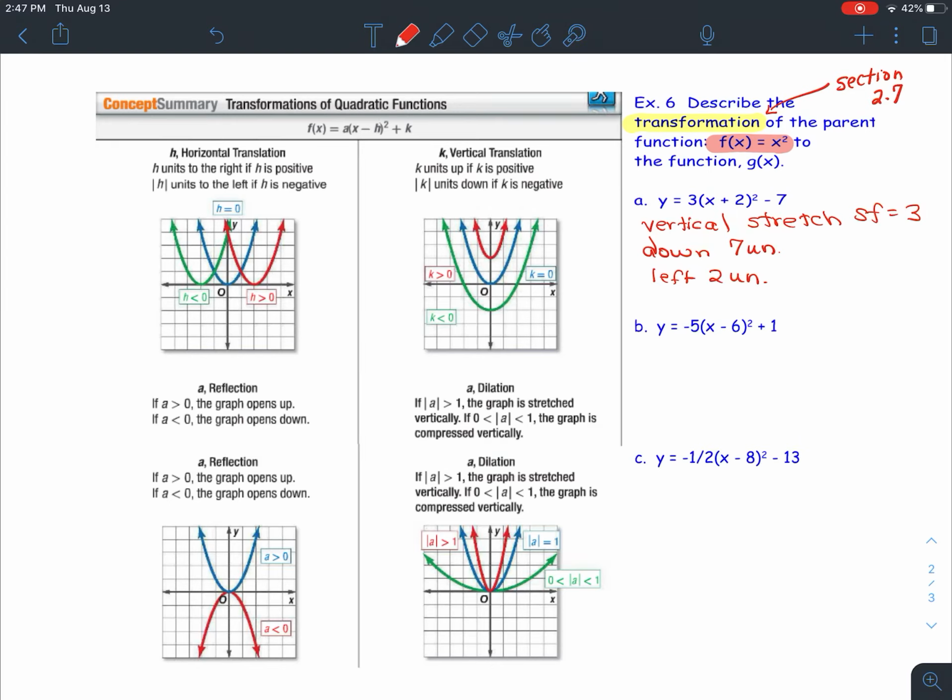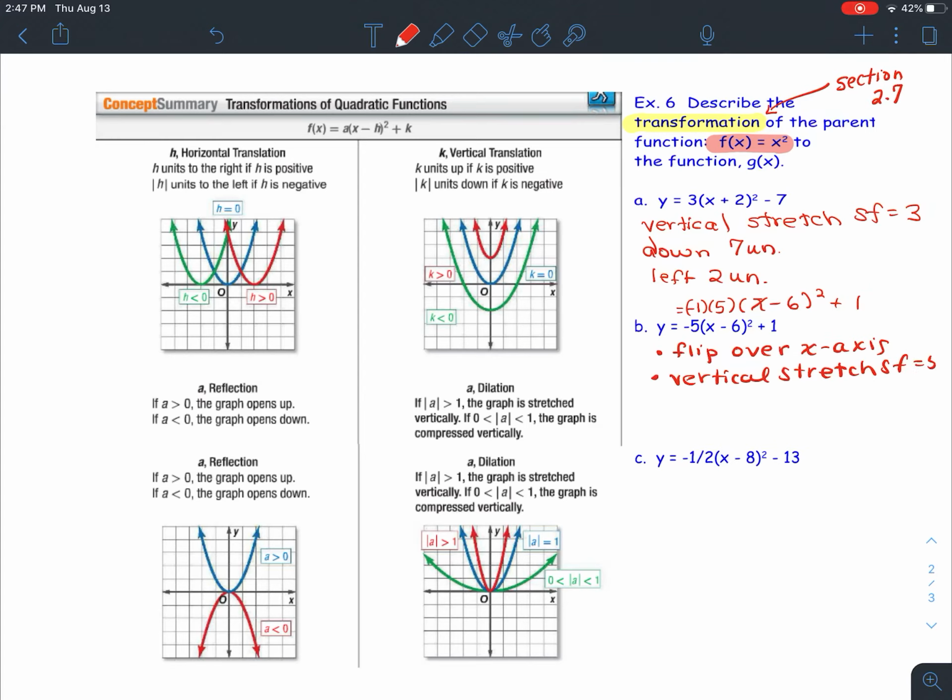All right, let's go ahead and try example B. It might be a little deceiving here, but there are actually 3 transformations happening on the outside. This +1, this 5, and the fact that the 5 is negative has to do with a flip or a reflection. You almost want to visualize it like this. You've got both a -1 and a 5 that are both on the outside of this parent function.